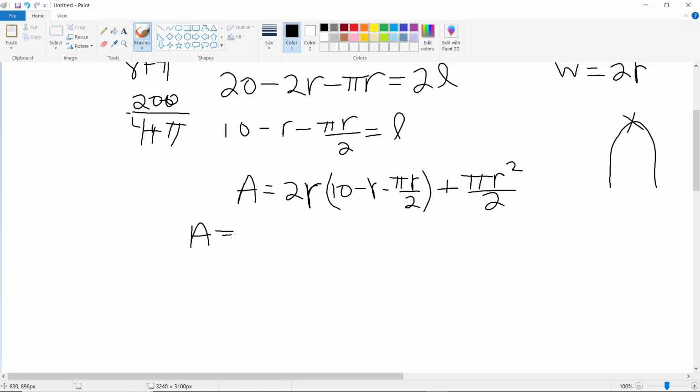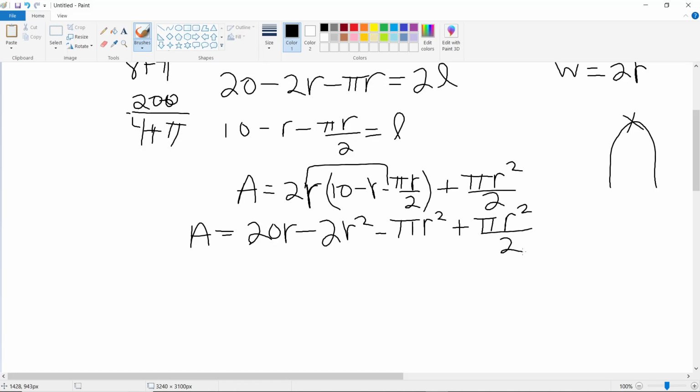Area equals 2r times 10 is 20r, minus 2r times r is 2r squared. 2r times minus pi r over 2, the 2's cancel, minus pi r squared, plus pi r squared over 2.